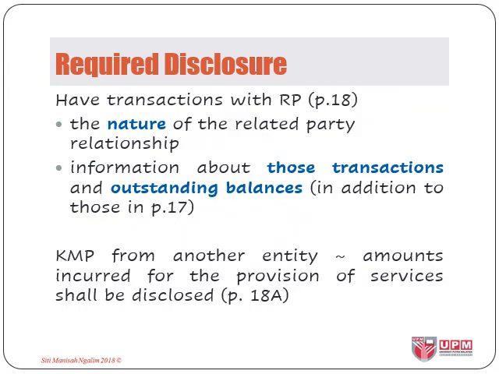If the entity has transactions with its related parties, the nature of the relationship must be disclosed with the information about the transactions and the outstanding balances from that transactions, if any. This disclosure is in addition to what already required by paragraph 17 previously. Specifically for key management personnel from another entity, the standard also required the amounts of any provision in relation to their services to the entity.